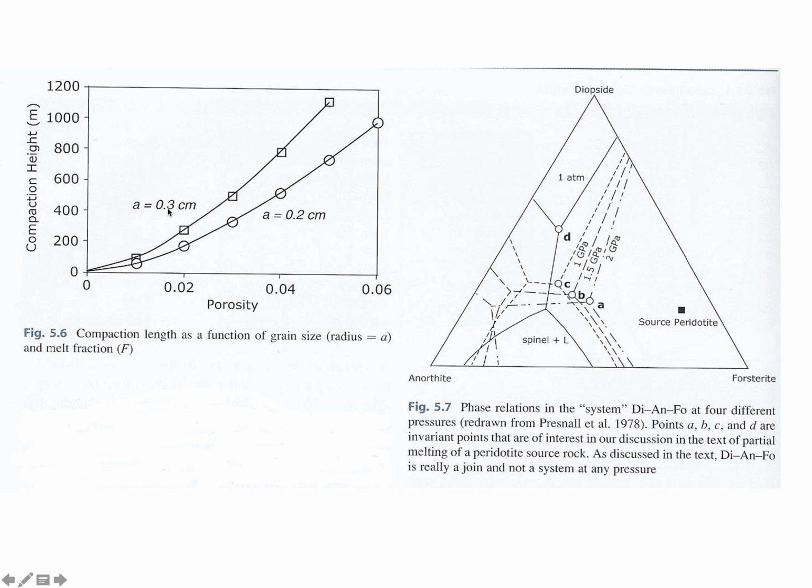Here we have a grain size of 0.3 centimeter, here a grain size of 0.2 centimeter, and along this curve we have the melt fraction F. So if we have bigger grains, then we have a lower porosity, and then the melt fraction is also lower. When we have a higher porosity, that means we have smaller grains because the surface is then bigger, and the melt fraction becomes bigger.